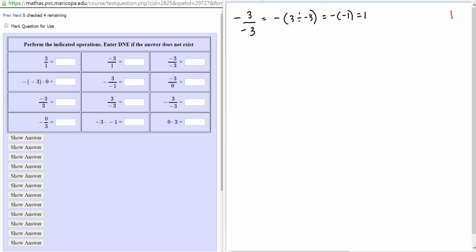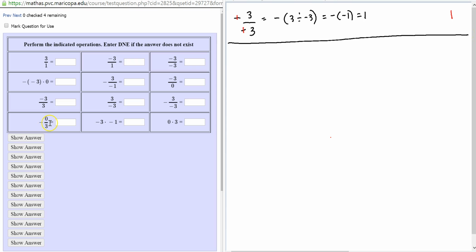Now notice a rule that we used in this problem back here. When you have two negative signs, remember a negative times a negative or a negative divided by negative is a positive. So two negative signs will cancel each other out. You can feel free to do that, and we will end up with positive 1, and the final answer is over there.